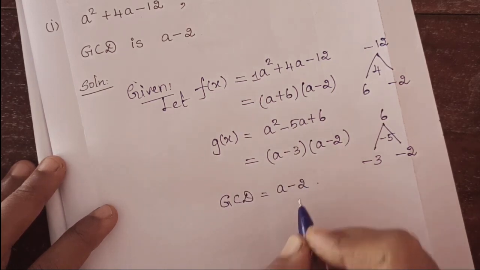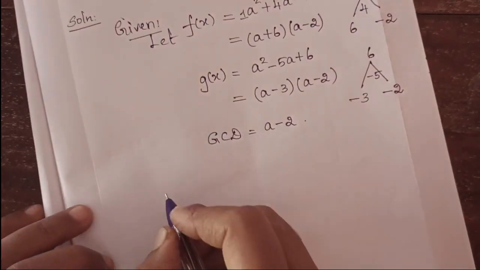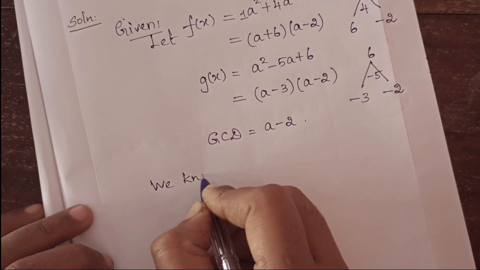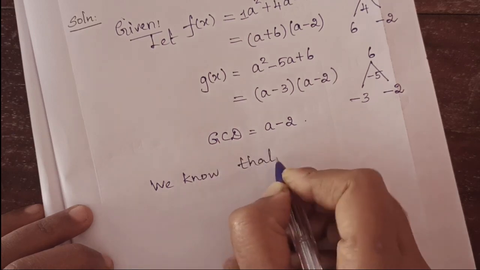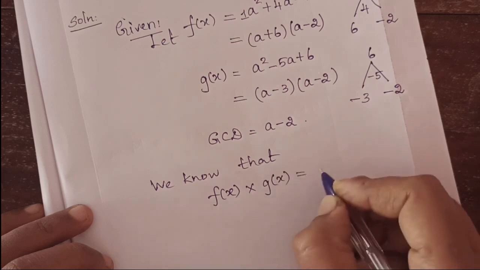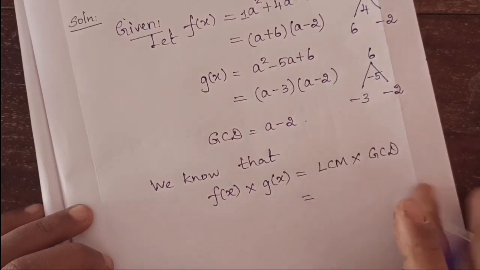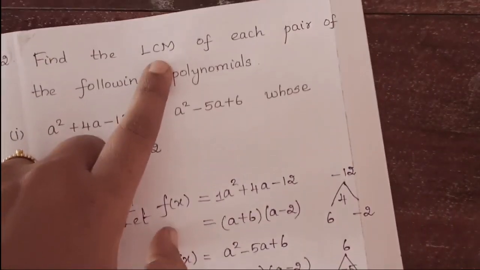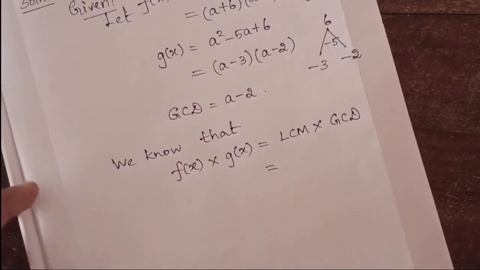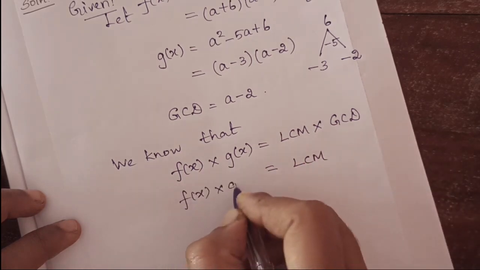Already you are familiar with the formula that we derived now. So what's the formula? We know that f of x into g of x equals LCM into GCD. Listen carefully. Here we need to find the LCM only. Got it? So LCM equal to f of x into g of x.